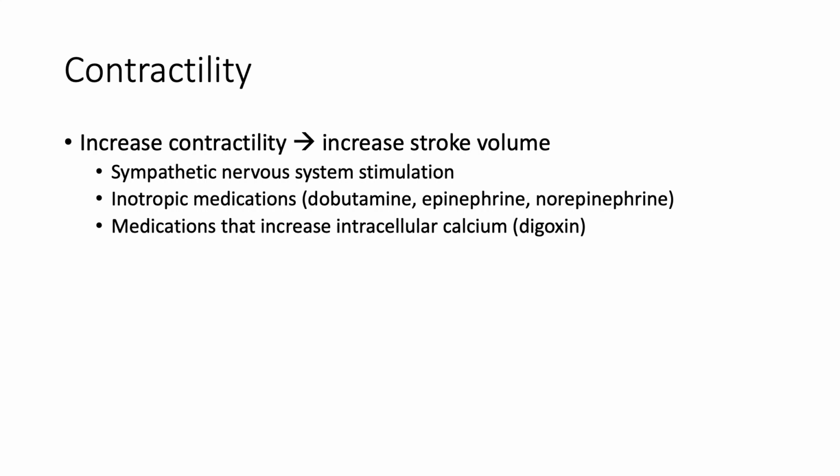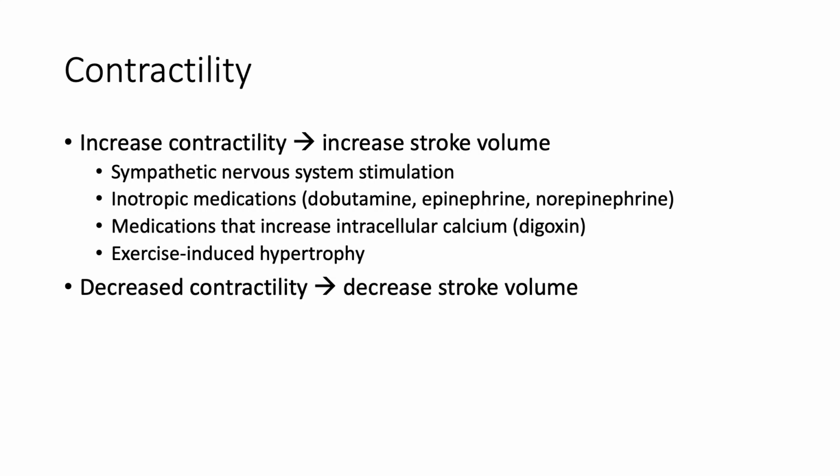There's also medications that increase intracellular calcium, which can improve the force of contraction. So one of those medications is digoxin. And then athletes who exercise a lot, their heart will undergo hypertrophy, get stronger to compensate for the higher needs of that individual.